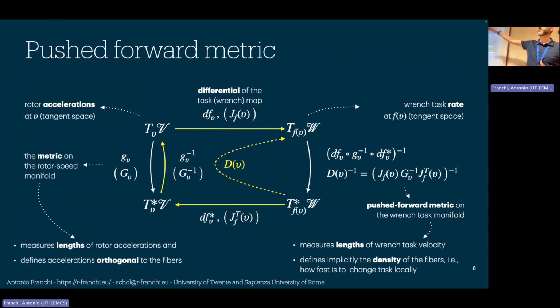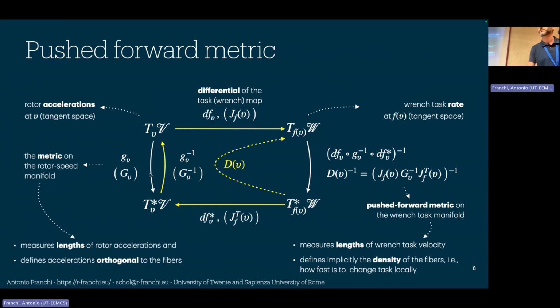You are on the tangent space, where the accelerations of the propellers are on top right. Maybe you can see my pointer here. You want to go to the tangent space of the task's rates, and there is the differential which maps the two, but you have to push forward this metric.